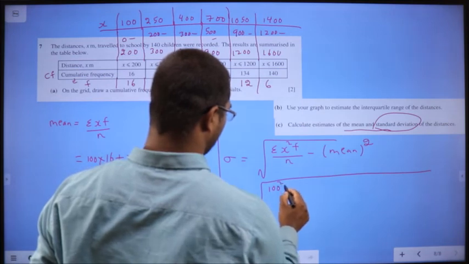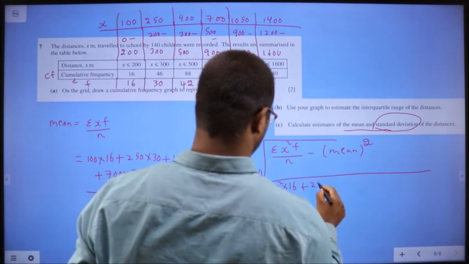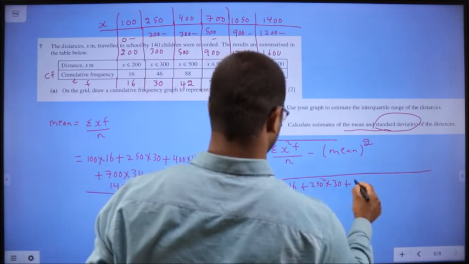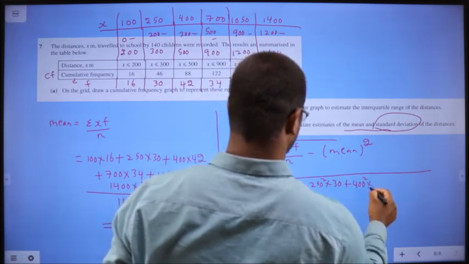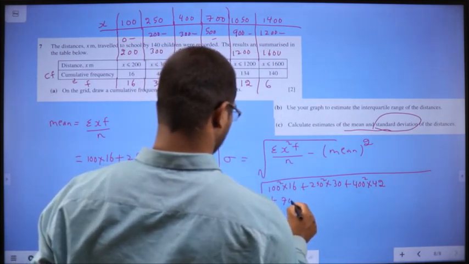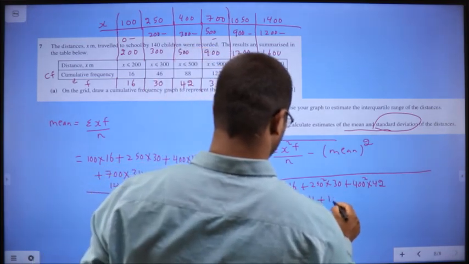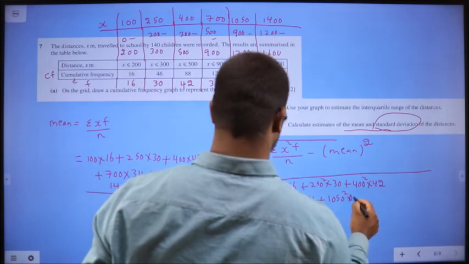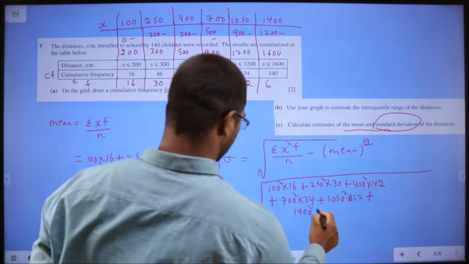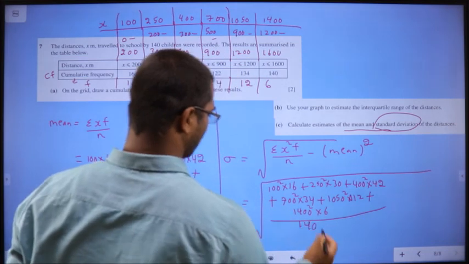So it is 100 square into 16 plus 250 square into 30 plus 400 square into 42 plus 700 square into 34 plus 1050 square into 12 plus 1400 square into 6 by total 140.